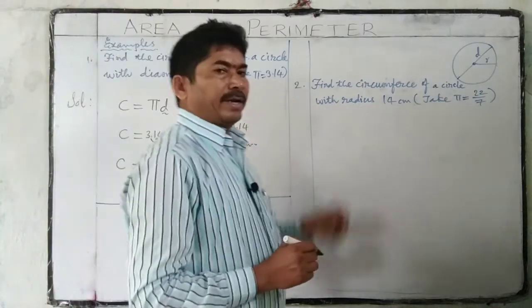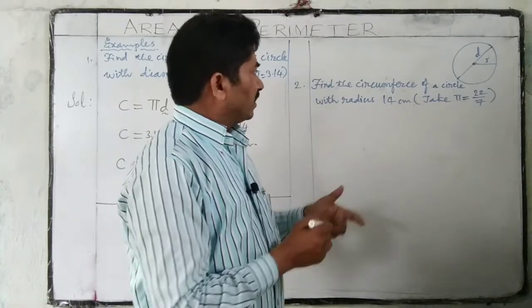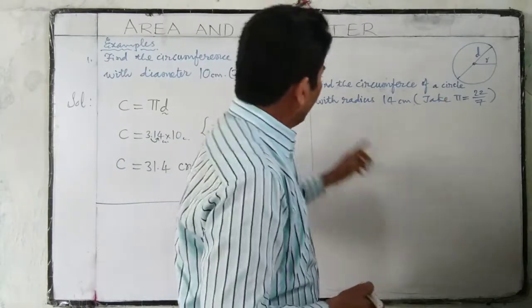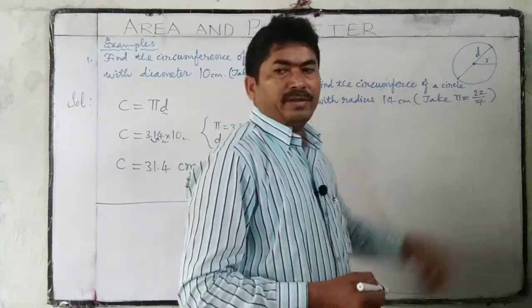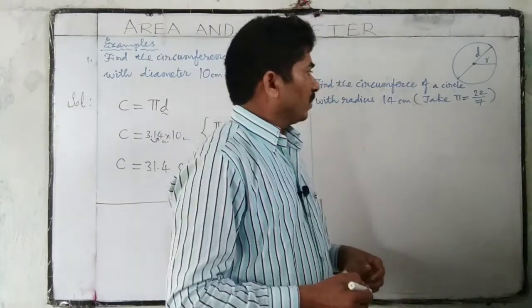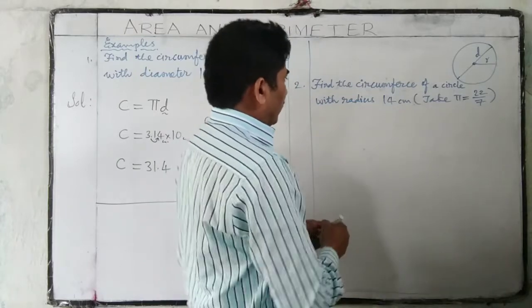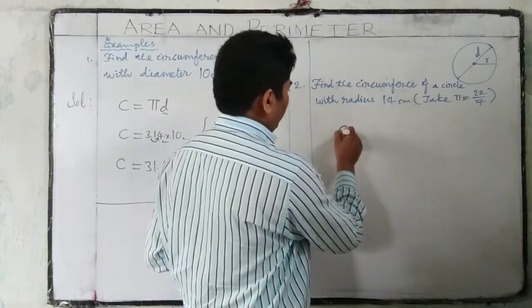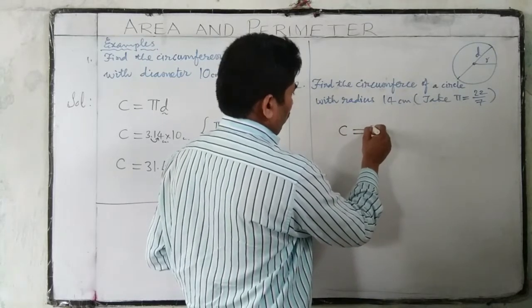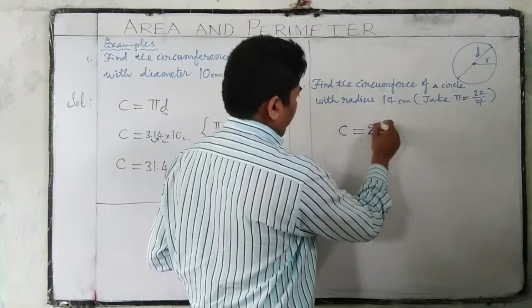Next, second example. Find the circumference of a circle with the radius 14 centimeters. Take pi is equal to 22/7. If the radius is given, we have to use the formula C is equal to 2 pi r.